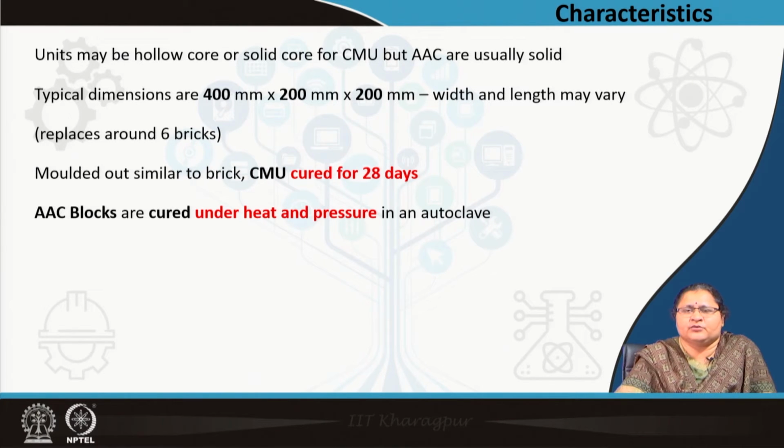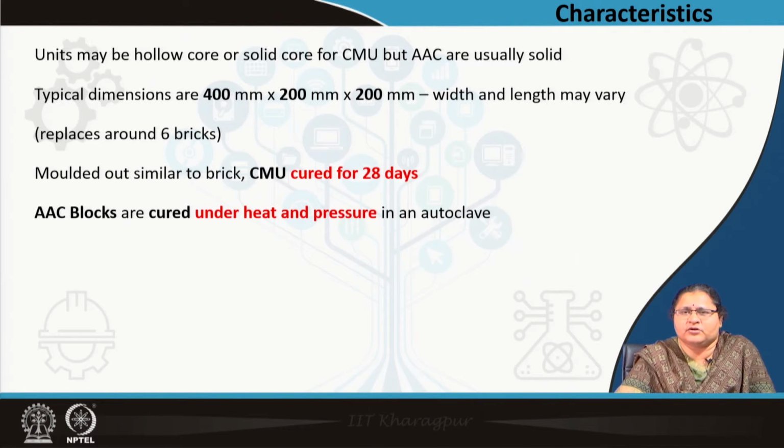Brick was a molded unit too, but after that it went in for burning. But here, these are mostly made with cement, which requires hydration for gaining strength, and they are to be cured for 28 days. Whereas in AAC block, you see 2 A's are there, one is for aerated, as I told you, and one is for autoclaved.